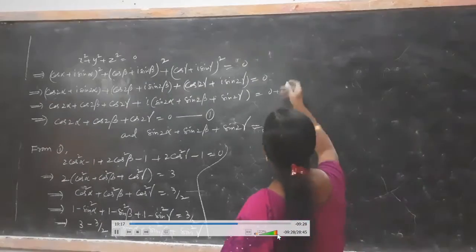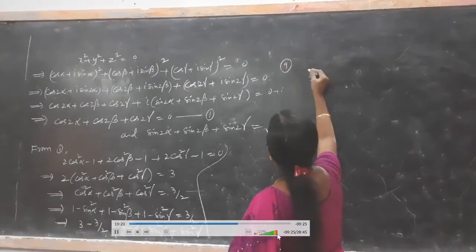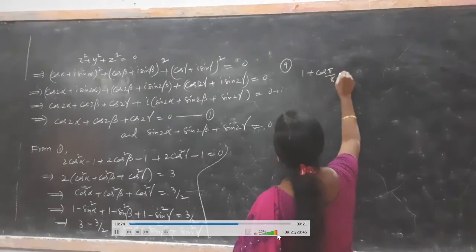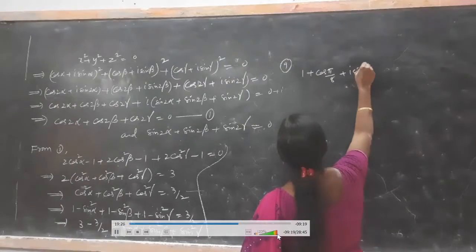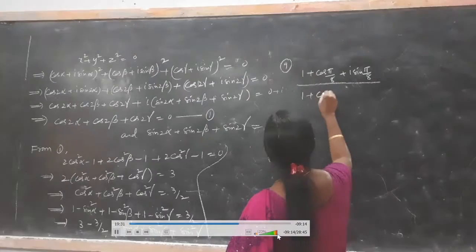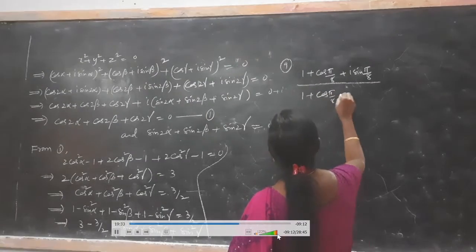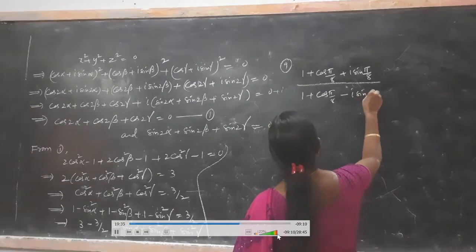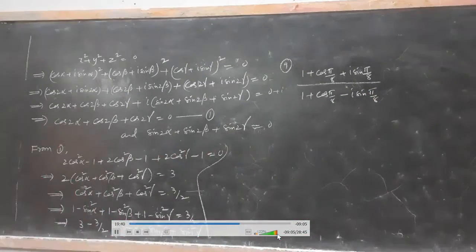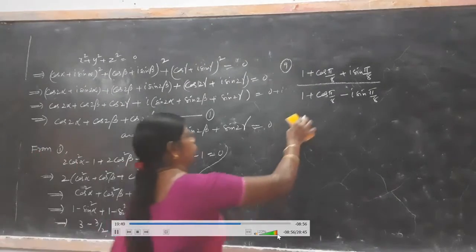So what is the 9th one? That is 1 plus cos pi by 8 plus i sin pi by 8 by 1 plus cos pi by 8 minus i sin pi by 8. The problem is to show that one value of this whole power 8 by 3. So this is not cos.